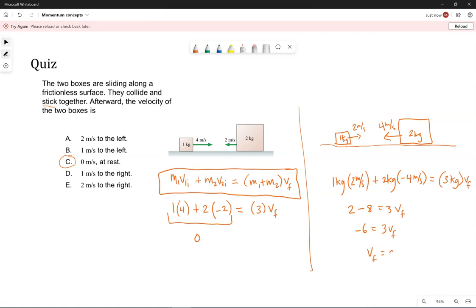V final would be negative 2 meters per second, meaning when the boxes stuck together, this system would continue moving to the left because again, vectors, we're using negative sign towards the left. The system would continue to travel to the left at 2 meters per second, simply because the 2 kilogram box has a larger momentum than the 1 kilogram box.